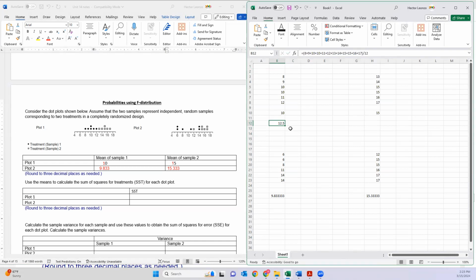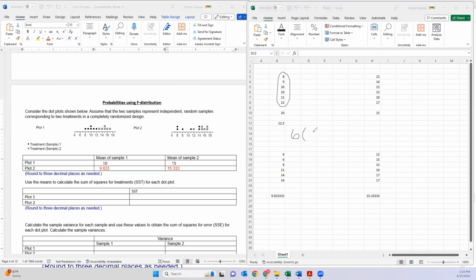Okay. Now this is what I'm going to be doing. I'm going to say, because on my list here, there's 6 numbers. So this is the formula I'm going to use right now. Because on my first plot, on my sample 1, there's 6 variables. So I'm going to do 6 times, open parentheses.